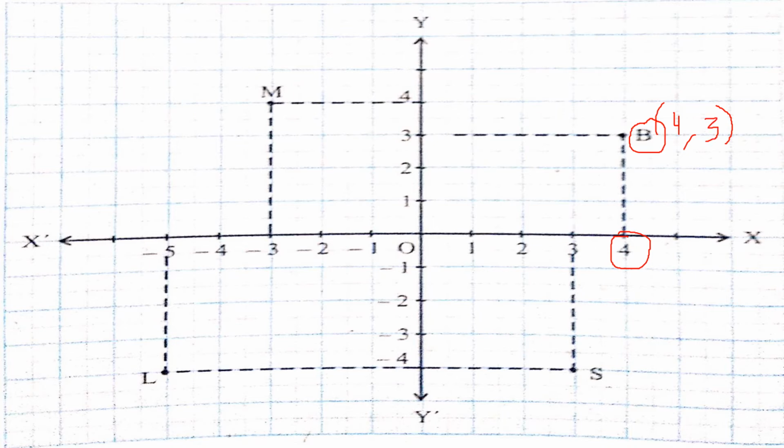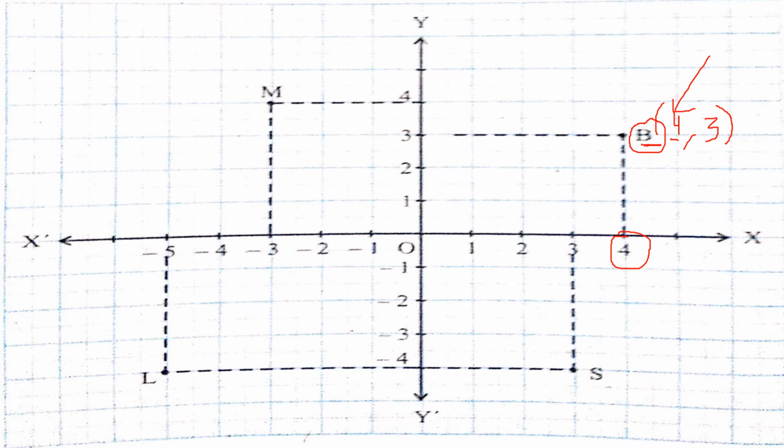One more way is there to explain this thing. We define the x coordinate as the distance of the point from the y-axis. Again I am repeating, we define the x coordinate as the distance of point B from the y-axis.